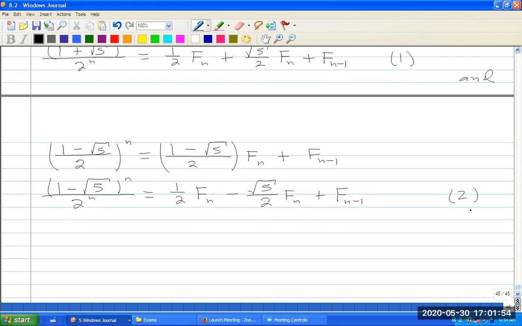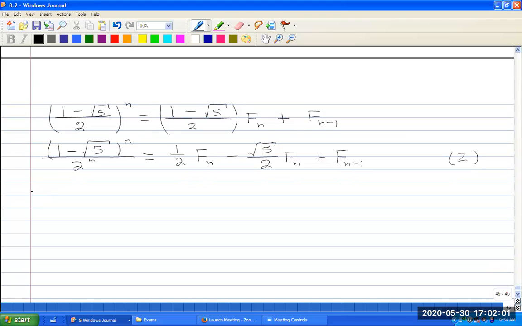Okay, now let's look at equation 1 minus equation 2. Subtract from equation 1 equation 2.